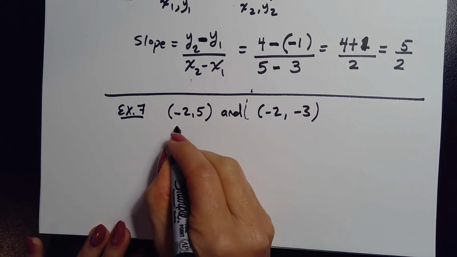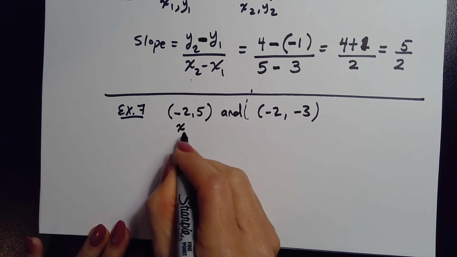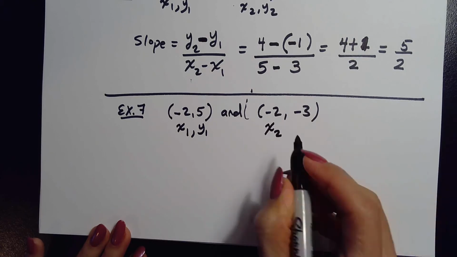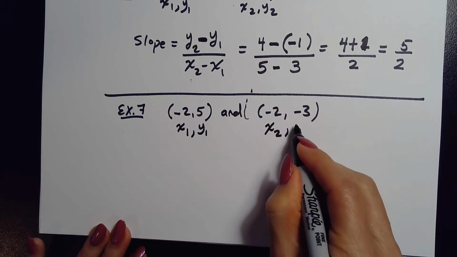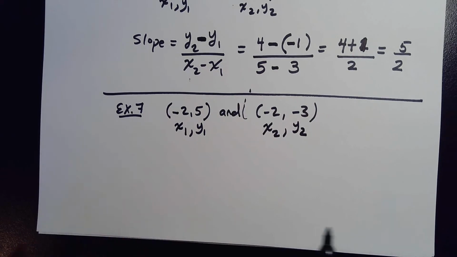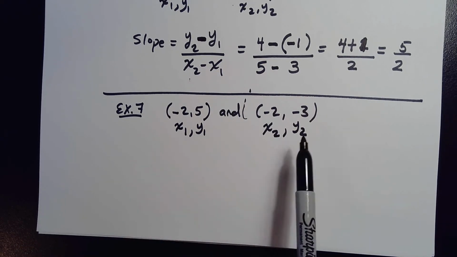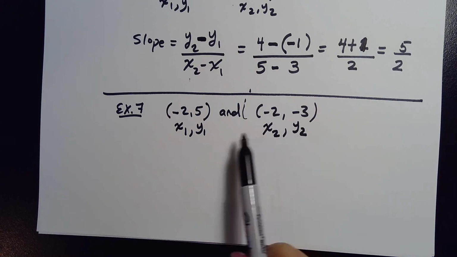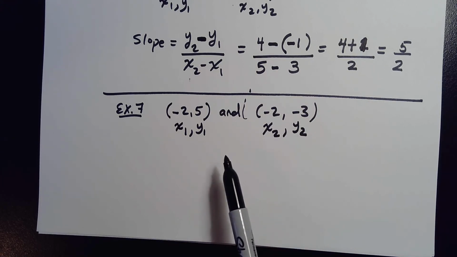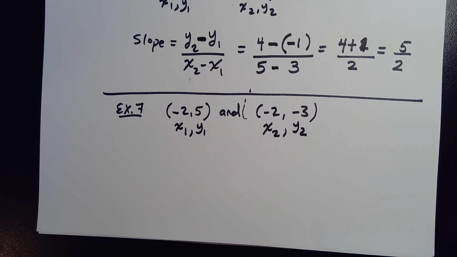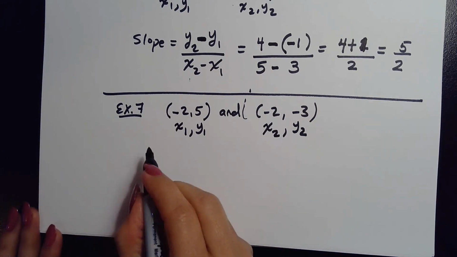I'm going to let negative 2, 5 be x1, y1, and then negative 2 is x2, negative 3 will be y2. If you decide to name the first point x2, y2, and the second point x1, y1, the slope is not going to change. You still get the same answer regardless of the order, so just be consistent.